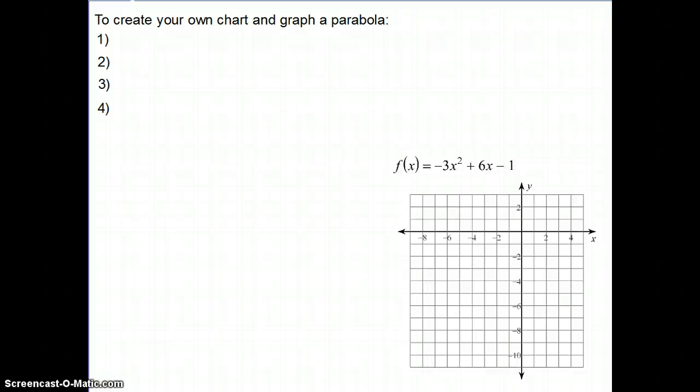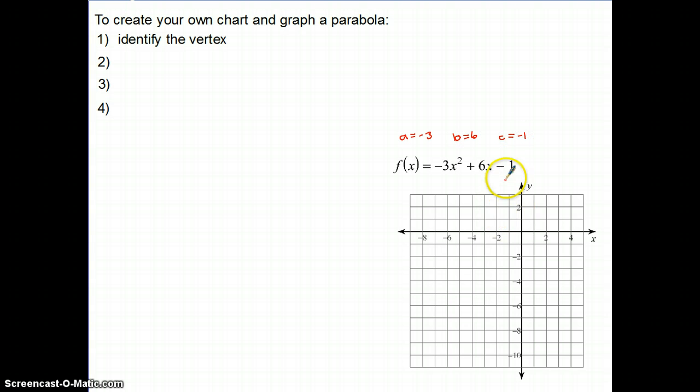Now we're going to create our own charts and graph our parabola using those charts. Step 1. We're going to identify the vertex. Looking at this equation, I need to find my a, my b, and my c values. A is -3, b is +6, and c is -1.